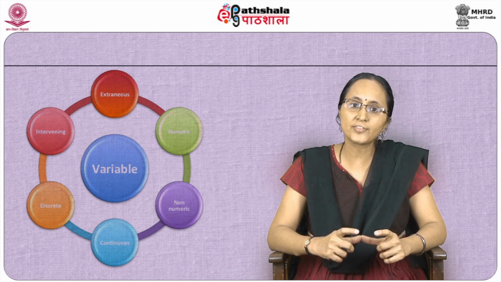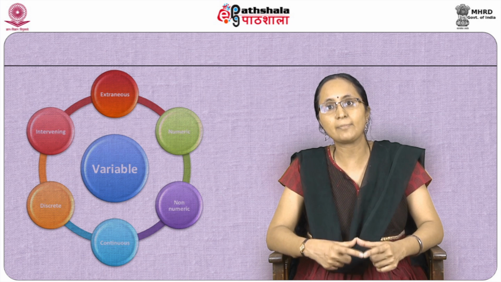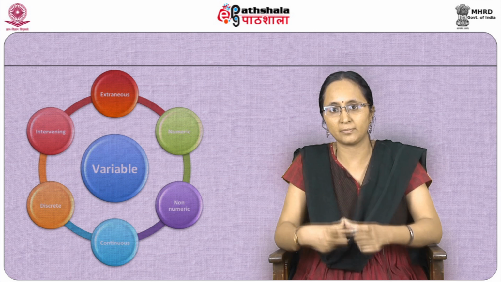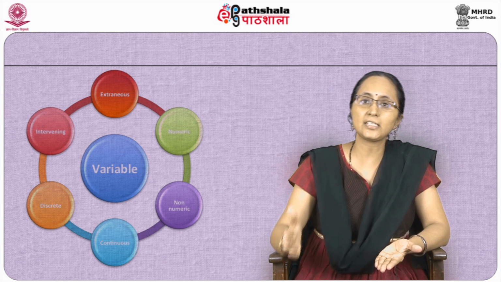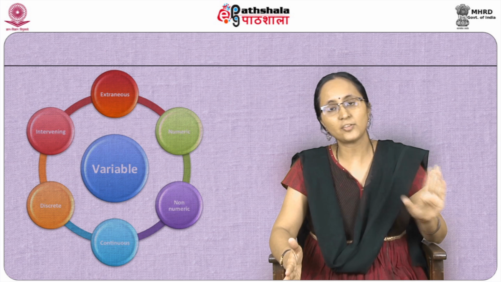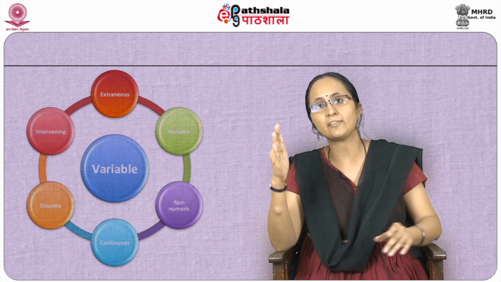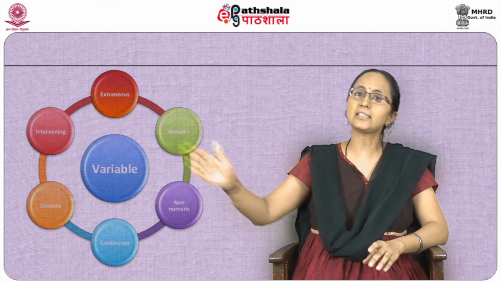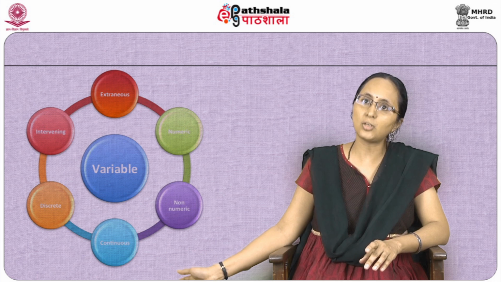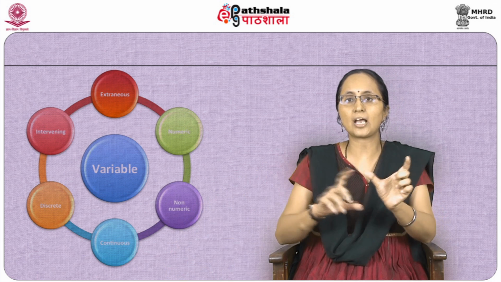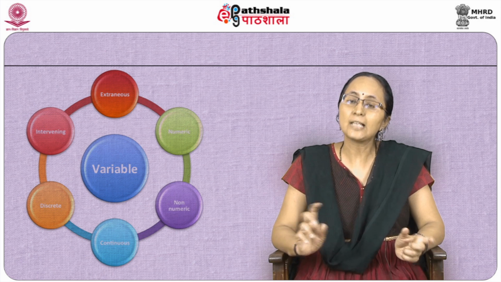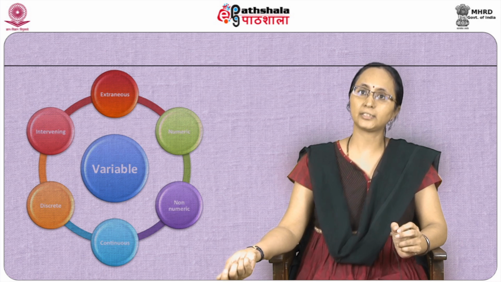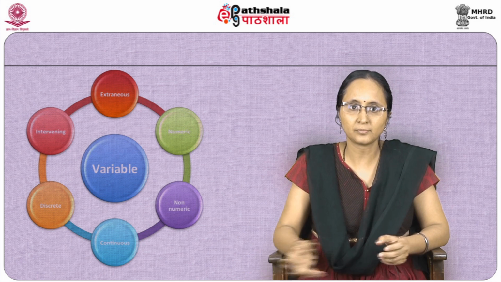Here level of sleep can be considered to be the intervening variable because the level of stress is affecting the level of sleep. Level of stress is your independent variable. It is affecting the level of sleep, and that in turn is affecting the performance or the low marks of the students. So, it comes in between the independent and dependent variable, and it helps explain the dependent variable better.